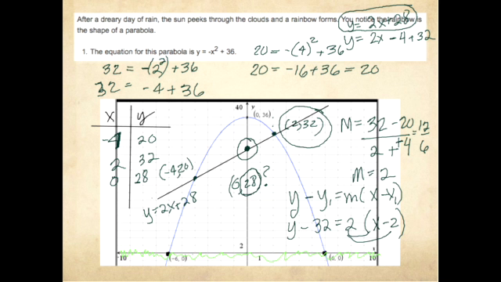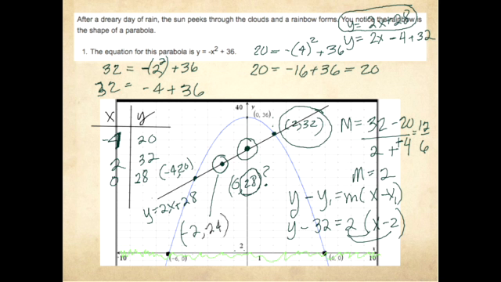I would bet that this point right here would also be a point. So that's -1, -2. So that point right there is located at possibly -2, 24.